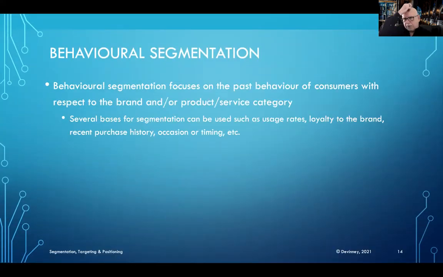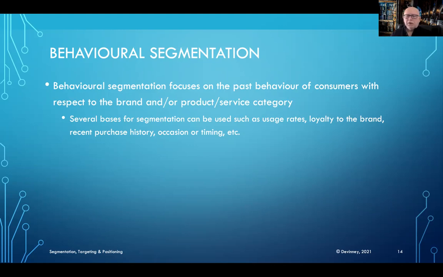Now, the approach that most people have moved to, or certainly all the academics have moved to, is what's known as behavioral segmentation. A lot of big data has moved to behavioral segmentation, because if it isn't just demographics, but you have purchasing data of individuals over a long period of time, then you can do very, very good behavioral segmentation.